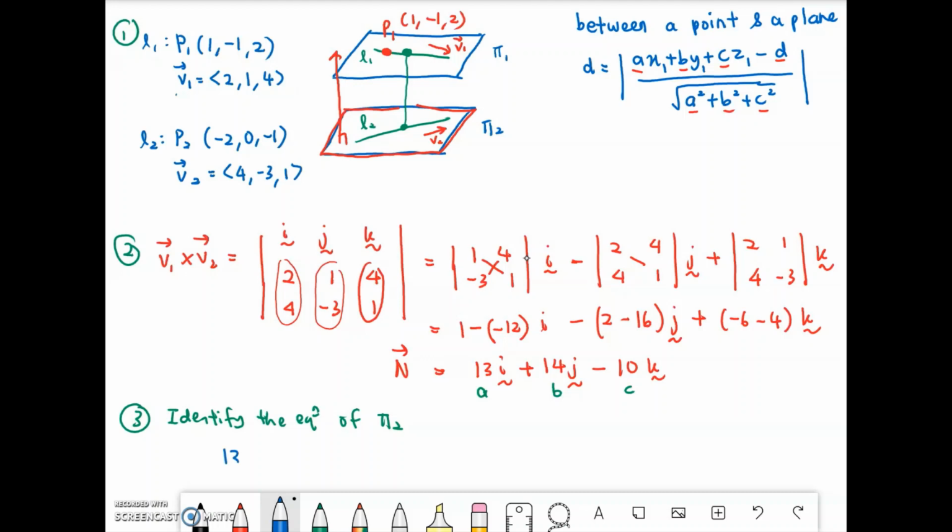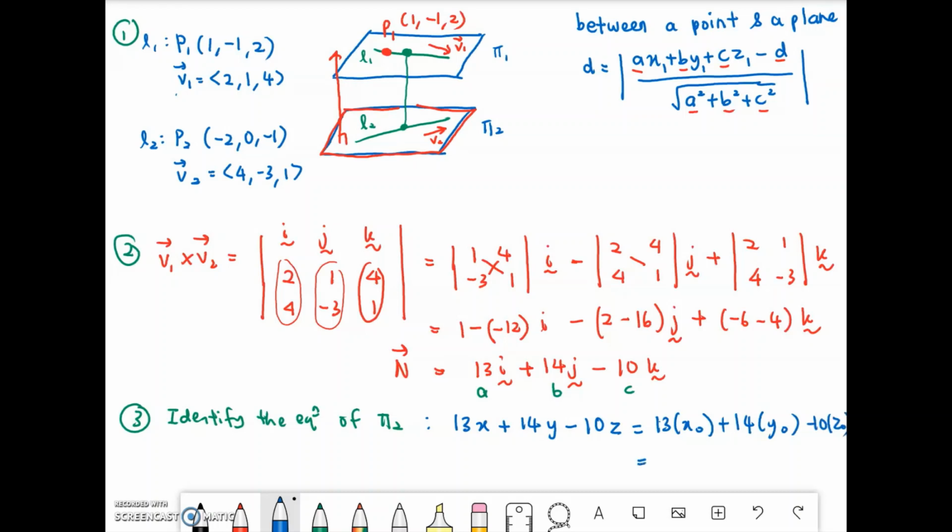So our a will be 13 times x, so this will be 13x plus 14y minus 10z equals d, where d is equal to ax naught plus by naught minus 10z naught.